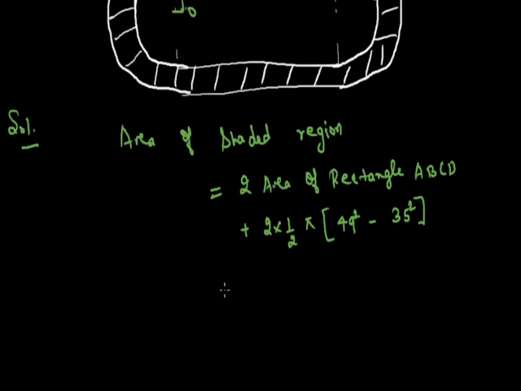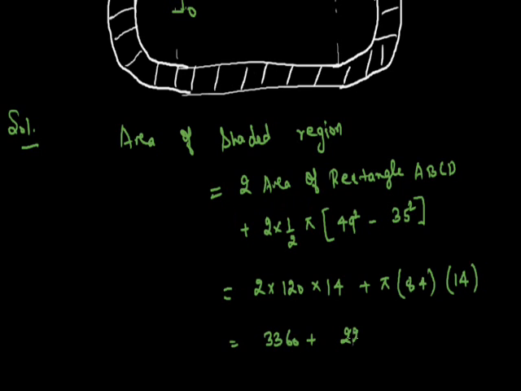Now twice area of rectangle, so twice multiplied by 120 multiplied by 14, plus pi, 49 plus 35 is 84, and 49 minus 35 is 14. So 2 multiplied by 120 multiplied by 14 is equal to 3360 plus pi is 22 by 7, so 84 multiplied by 14. So this will be cancelled by 2 times.